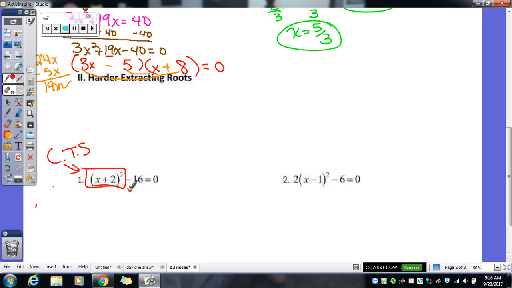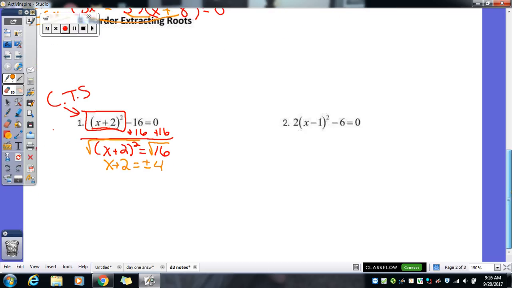Yep. So we want to add the 16 over. And then we want to undo that square, so we'll take the square root of both sides. Remember, that turns it into a plus or minus 4. And then subtract our 2 over.